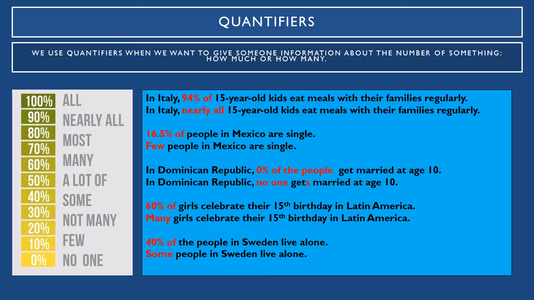So we say no one gets married at age 10. Notice that in the first one, after people, the verb is conjugated for people, they. But in the second version, the verb has S, because no one is considered third person. So remember, after no one, we need a verb, not a subject.